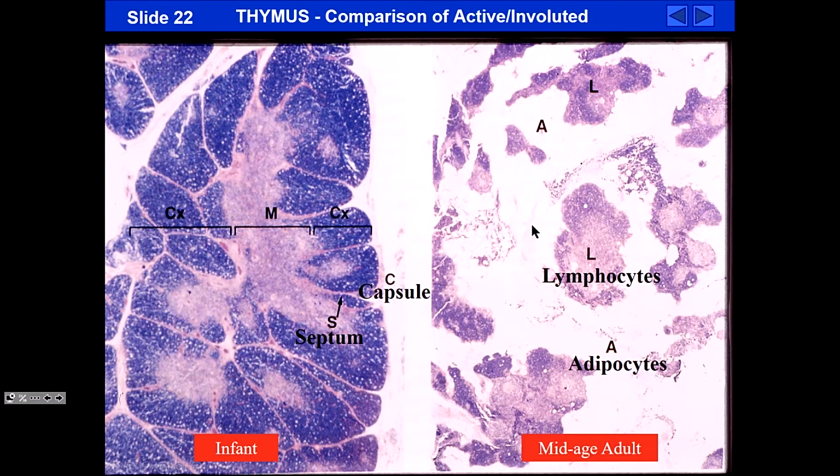If it's in the appendix, right, where you get replacement of the lymphocytes with adipose tissue. Thymus, same sort of thing. Okay, gradual decline with age of the amount of lymphatic tissue in organs and tissues of the body. Okay, questions?